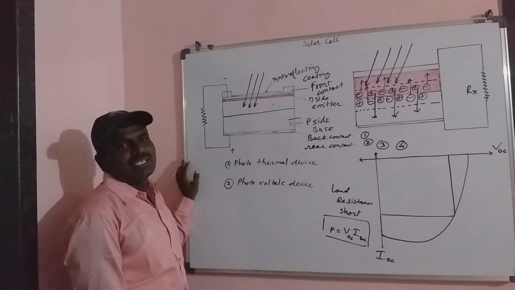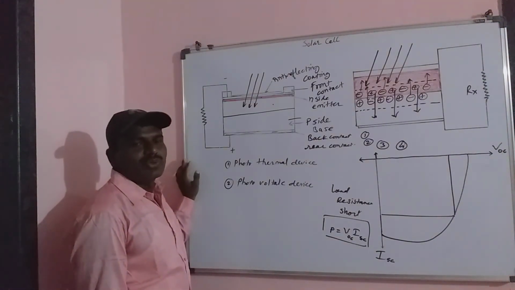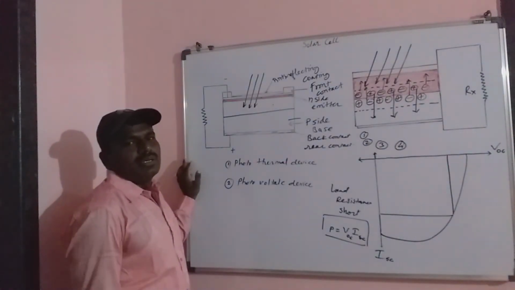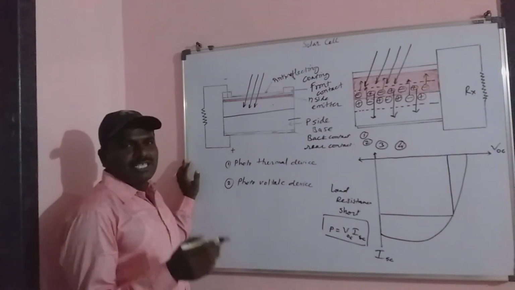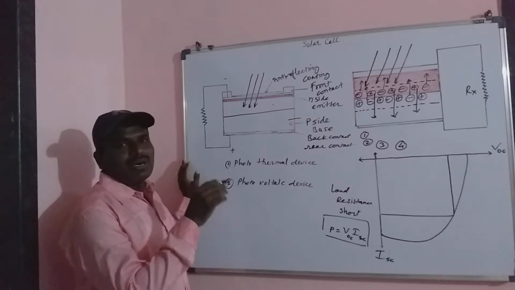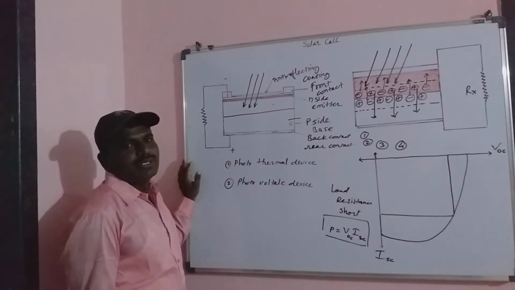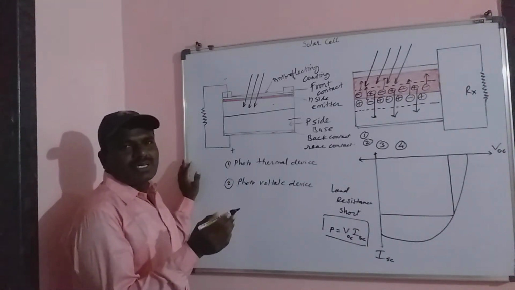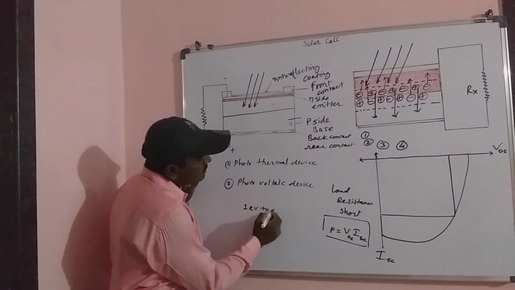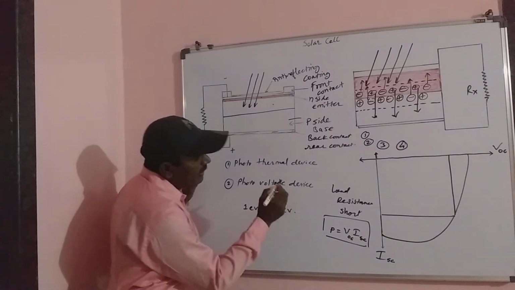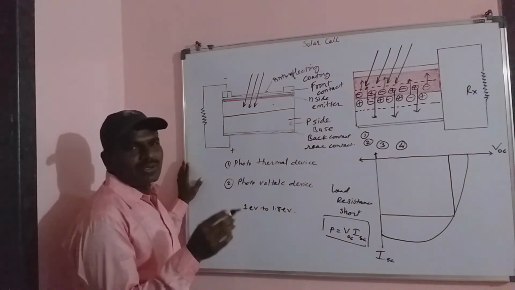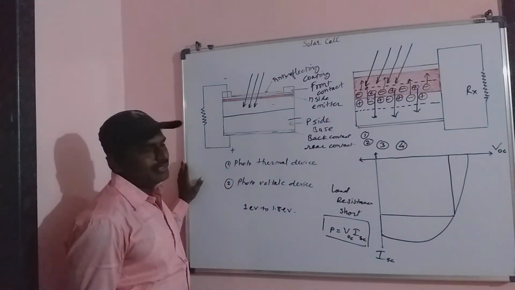This is the first condition. Again, it should have high electrical conductivity, and it should have high optical absorption, and its energy gap lies between 1 electron volt and 1.8 electron volt. These are the conditions for selection of material for the solar cell.